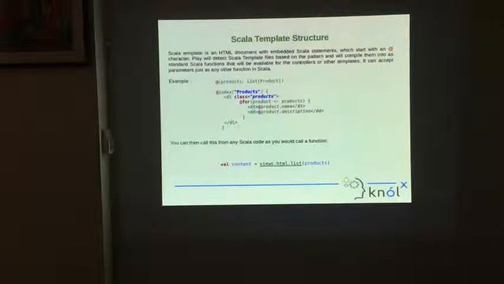File structure of this template: it creates an object in the views package in HTML. So html in the views package, but the name of this template is like list.scala.html.